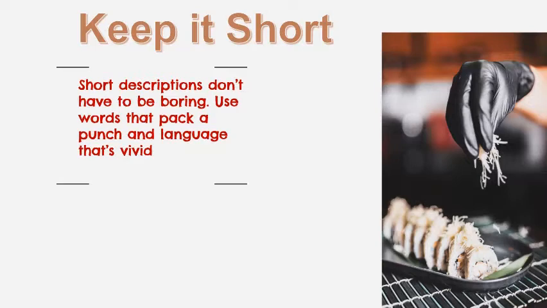Sure, you could go on about each item on your menu, but descriptions should be concise. Short descriptions don't have to be boring. Use words that pack a punch and language that's vivid and enticing, giving just enough information to attract customer attention.